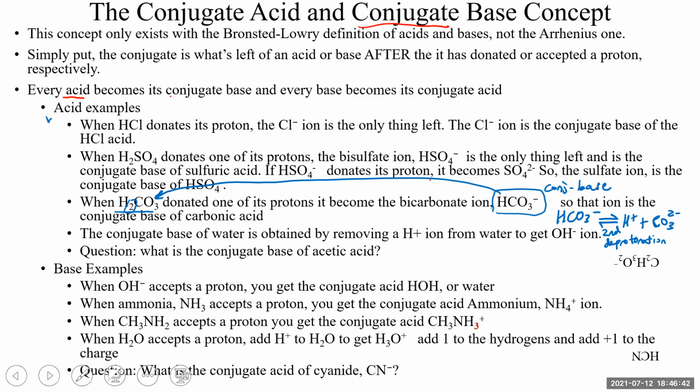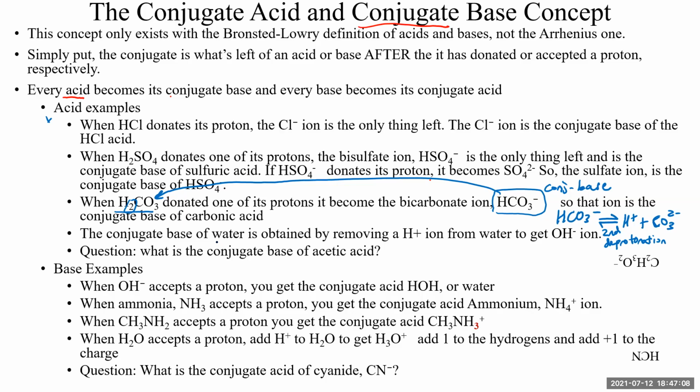So it's all relative to what you're comparing the ion to. If you're comparing it to its ultimate acid parent, then it's a conjugate base. If you're comparing it to the next deprotonation product, then it's actually an acid, and you call that thing the conjugate base.